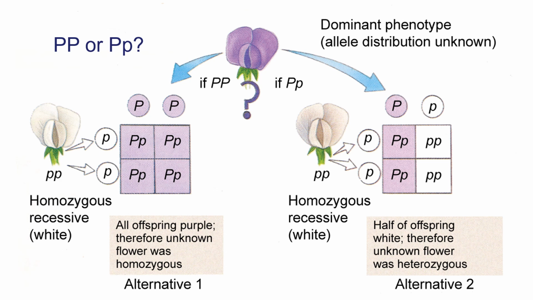If our unknown individual is heterozygous and we cross that with a homozygous recessive flower, we're going to get half purple and half white. So half show the dominant trait and half show the recessive. So this is a 1-to-1 ratio. And again, this is called a test cross because we're testing to see what the genotype of our unknown is.